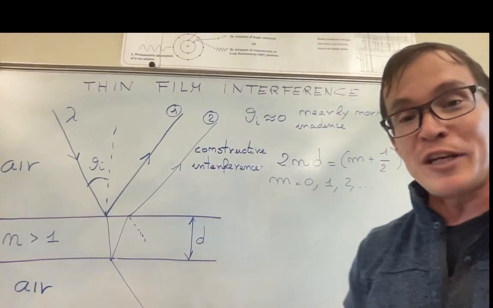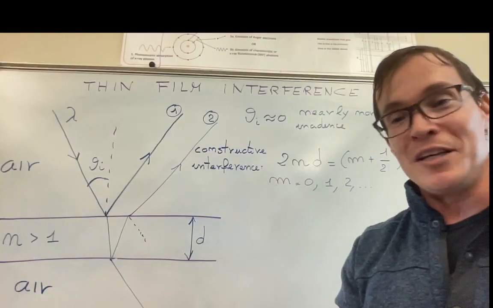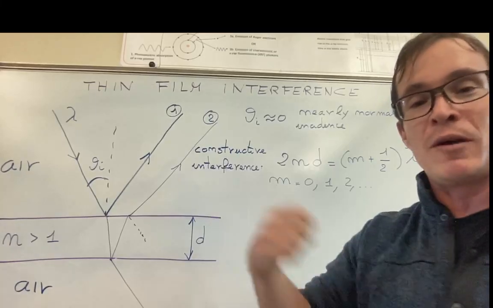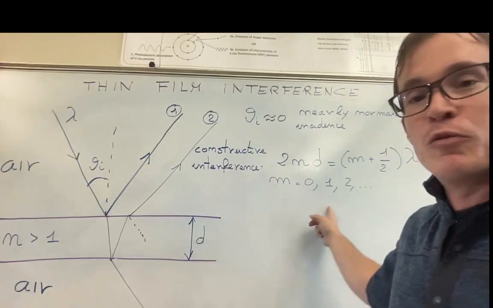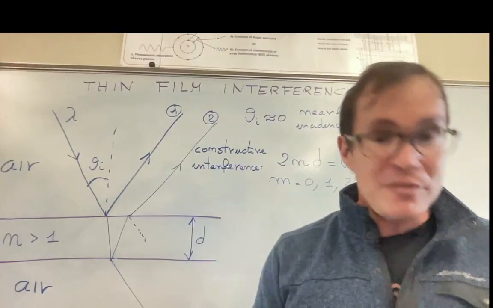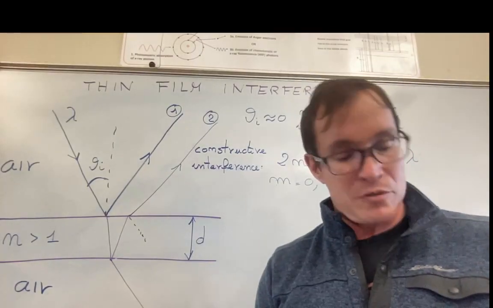If you put the two things together, you recognize that they will interfere constructively if this condition is satisfied. And of course, you can have multiples, so that's the reason for this m here. So now this is the essence of the phenomenon. The rest would be more detailed mathematical derivation.